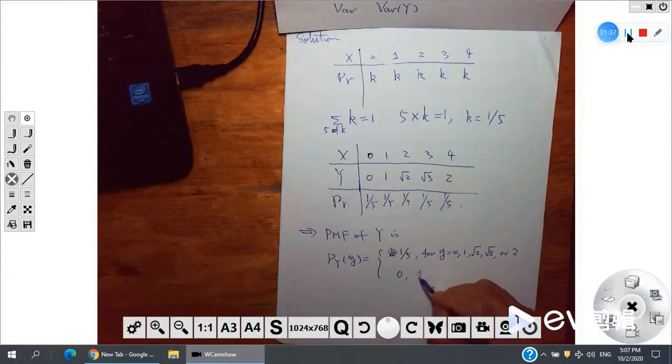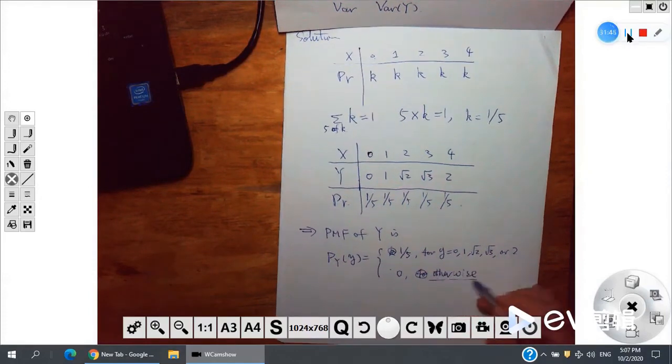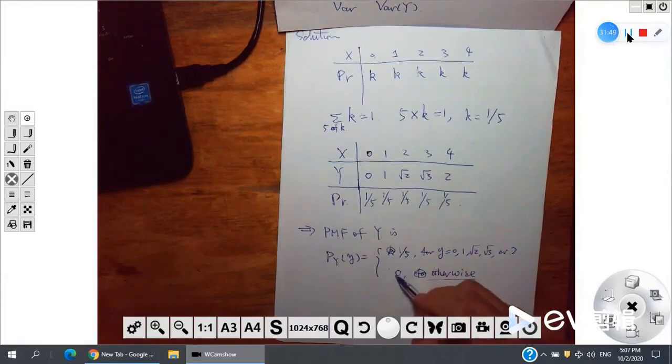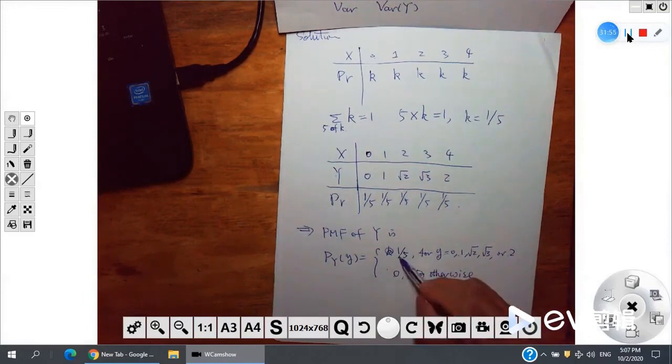And when we say otherwise, that means all the rest of the values of y, right? Here I have some values of y, then all the rest is otherwise. For otherwise, the probability is 0. And for these 5 numbers of y, the probability will be 1/5. So we have the PMF of y.